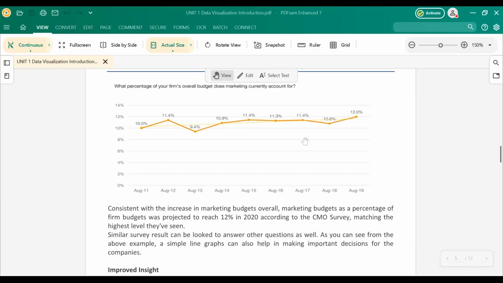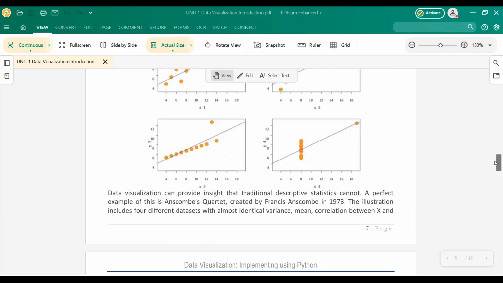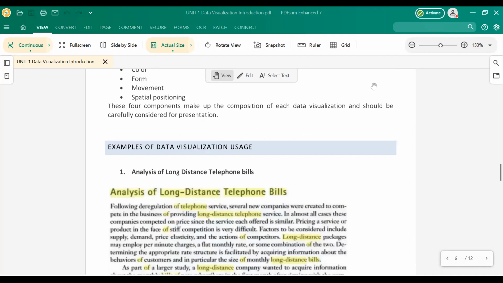They know they are about 2-3% higher than the industry average. So if they know the industry average, they can decide at what percentage they will promote their product. You have to look at various data, various parameters, to make your decision.